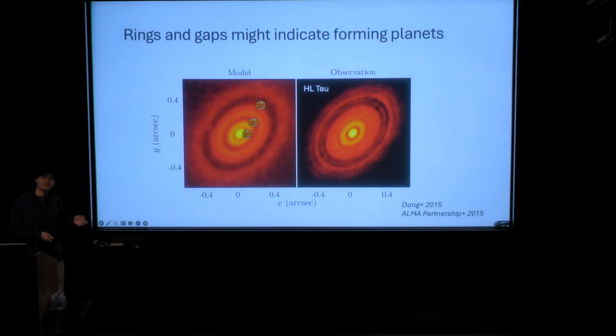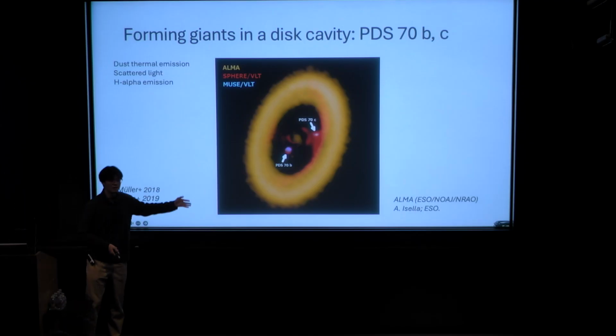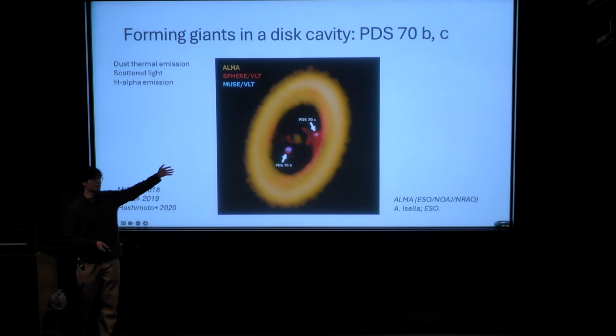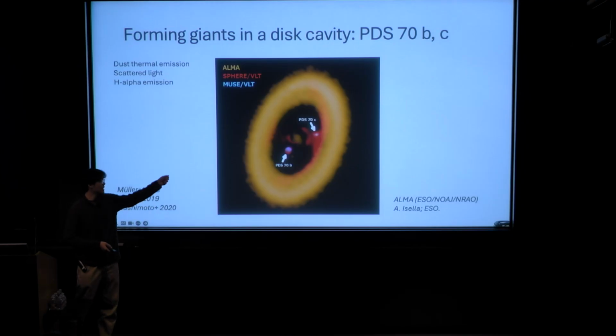So this idea is great, but it remains a hypothesis until we can actually find a forming planet inside the gap. We are lucky to have this special system, PDS-70, where people identified two forming giant planets inside the big cavity, PDS-70b and c.